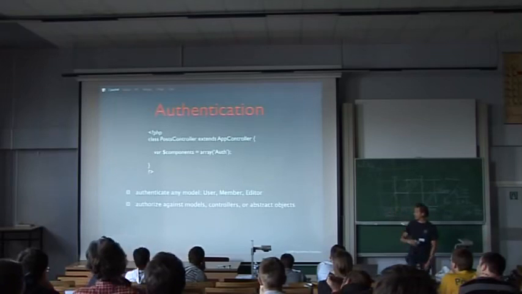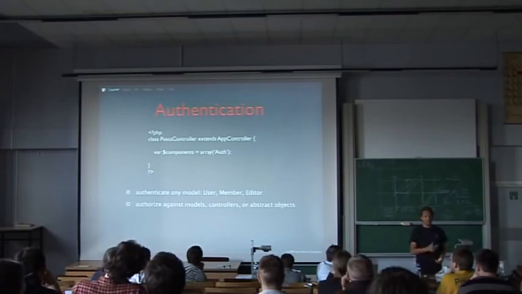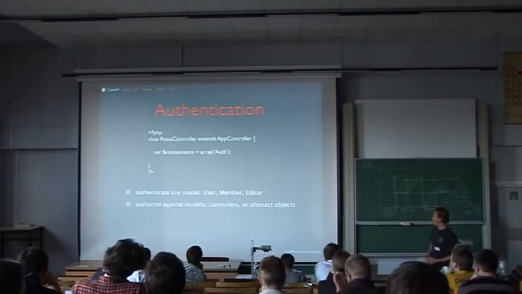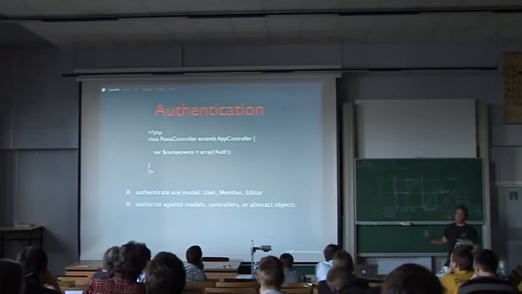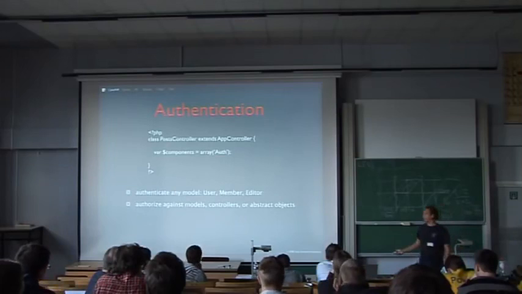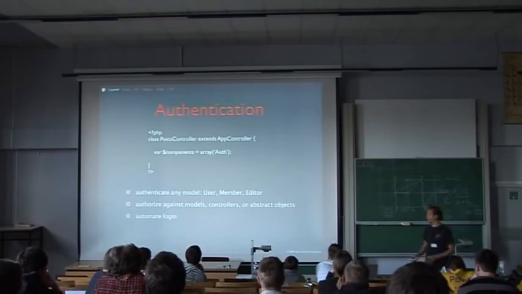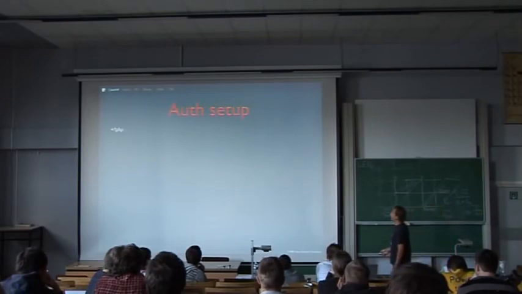So you can authorize against models, controllers, or other abstract objects. So if you want to create your own authorization, you can do that. You don't have to use the built-in ACL. You can just use a model or controllers, and then it automates the login. So you don't have to write a login method. All you need is a login view that has a username and password field, and you're pretty much good to go. So here's how we'd set it up.